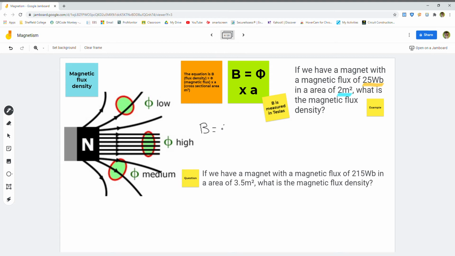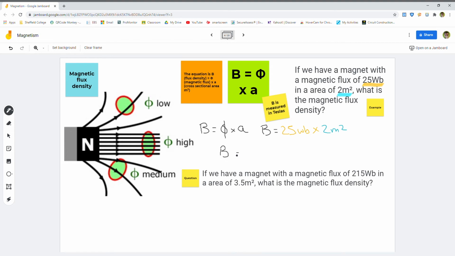B equals phi times the area, so B equals 25 Weber times the area, which is 2 meters squared.